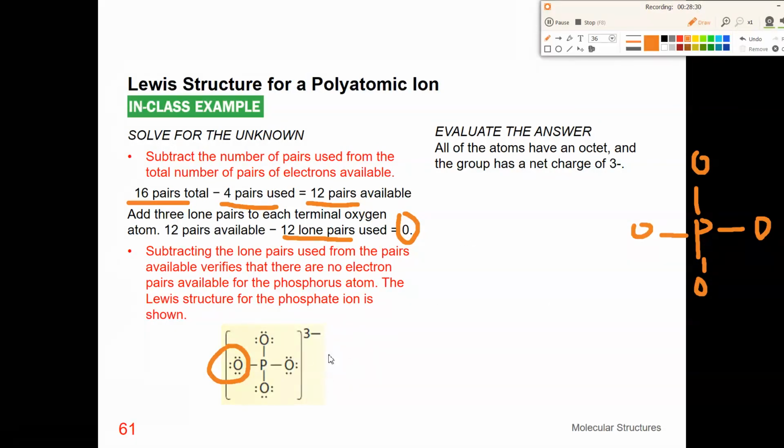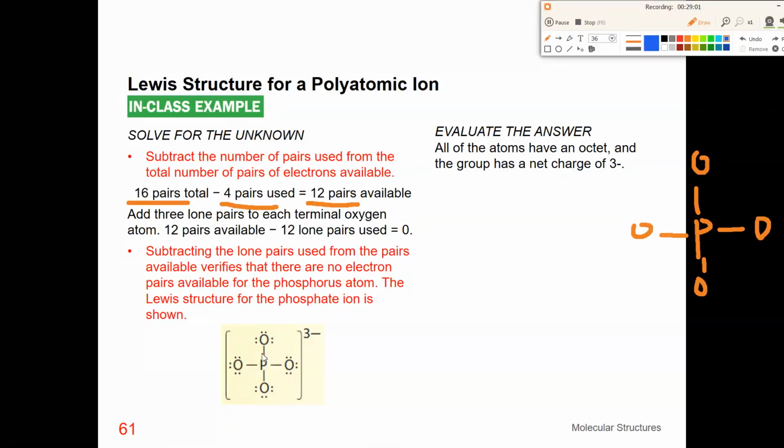Right. So then we check octet. We check oxygen because all oxygens have a similar structure. 3 lone pairs plus 1 bond. Each bond is 2 electrons. So 2, 4, 6, 8 electrons. So oxygen is good now.